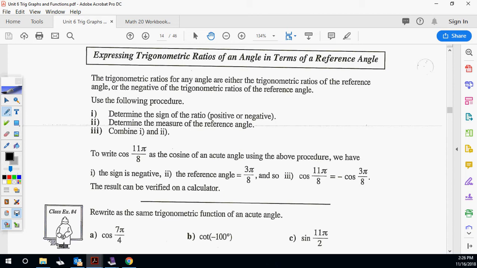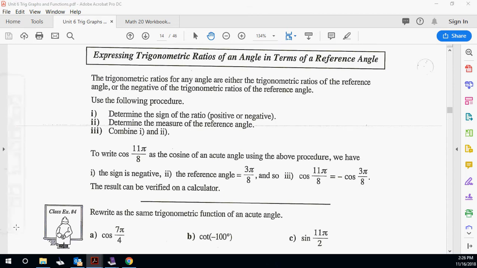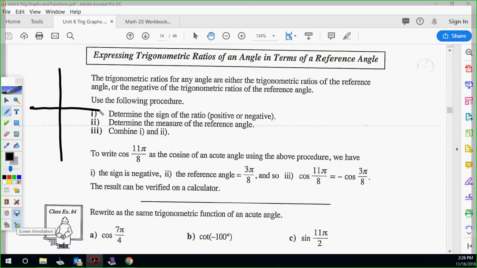Because if I have this reference angle, that happens in 4 locations. The only thing that changes across those 4 locations is the sign. For example, let's say this is 3, 2. If I'm talking about cosine, cosine goes with x, so 3.